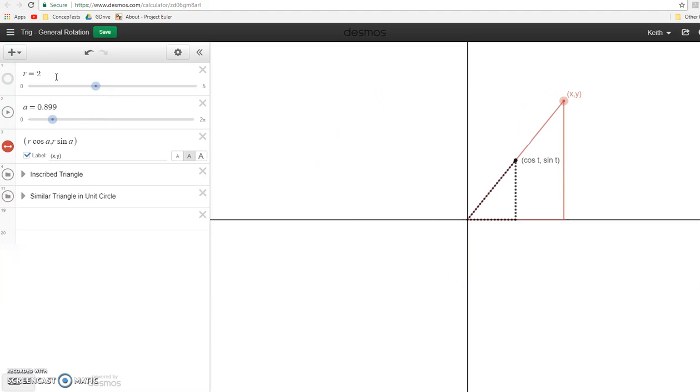Well, what we need to do now is make sure that our appropriate right triangles that we're inscribing can still produce the sine and cosine values that we are already used to.